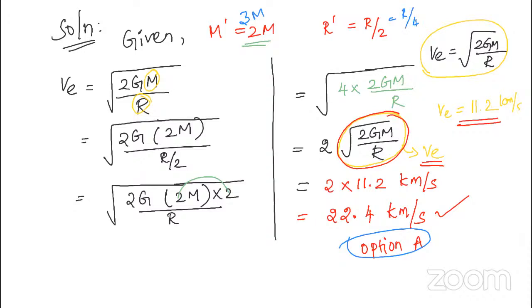So in these formulas, first we write the given quantities, next we check which formula is useful, then we substitute all the values and finally we get the result.